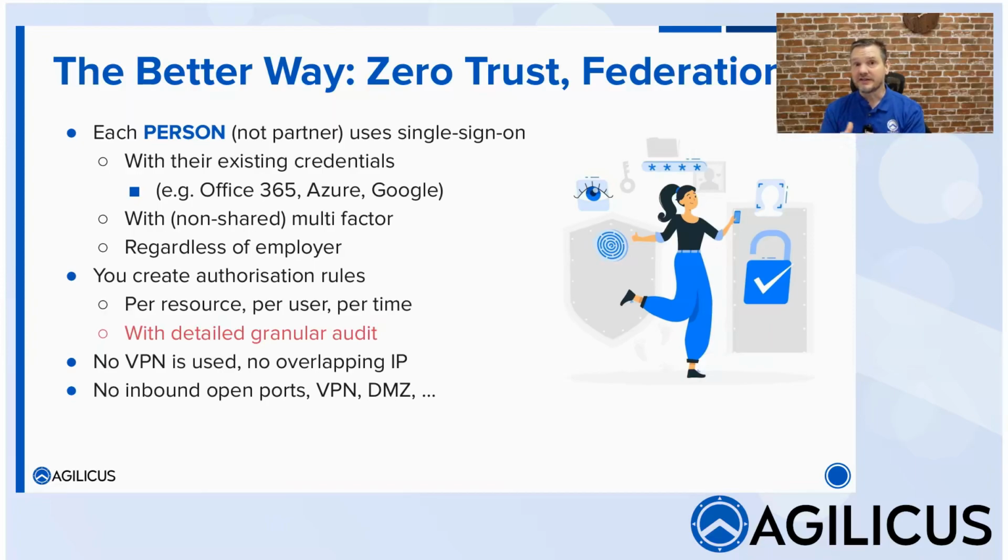This can work regardless of employers. This can work across employers. This can work regardless of whether or not I have what's called an IDP or an identity provider. I can use a personal Google account. I could use a corporate Google account or a corporate Office 365 account. I get to choose here in my authorization rules the level of scrutiny I'm going to give each individual identity provider.